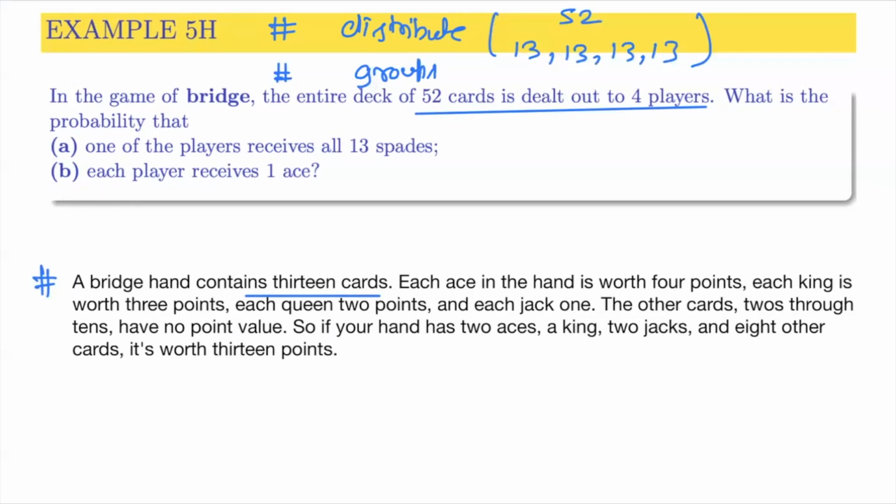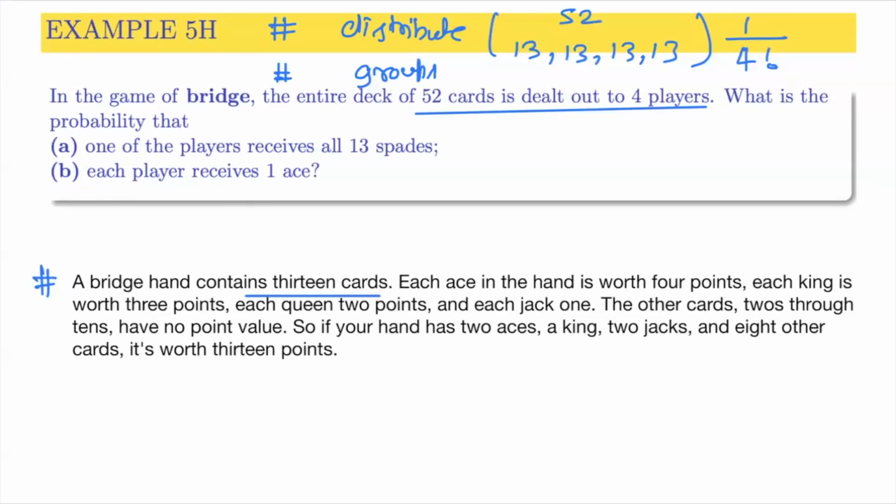In case there is a grouping only, I'm going to divide by the number of repetitions, that is 4 factorial. If I ask you to group 52 cards into 4 groups only, the answer is going to be multiplied by 1 over 4 factorial.